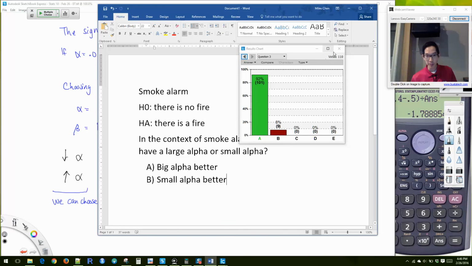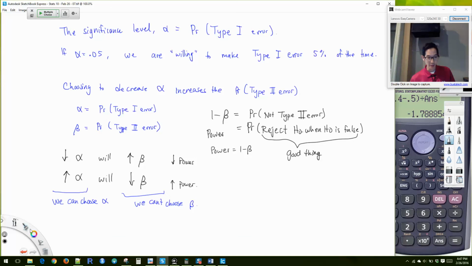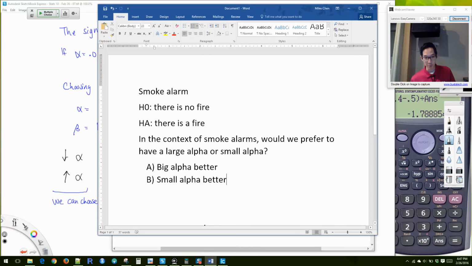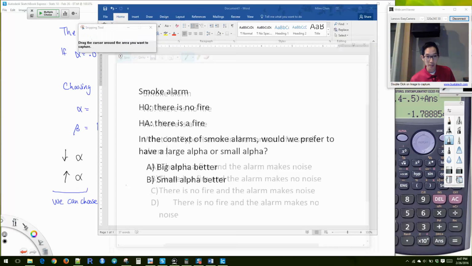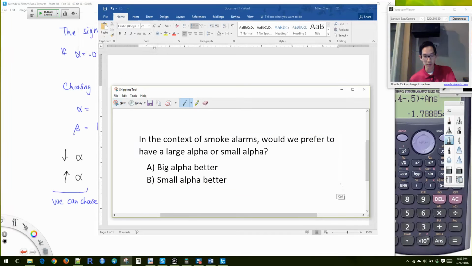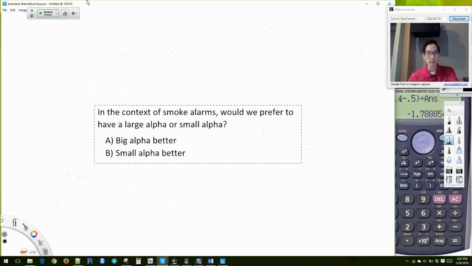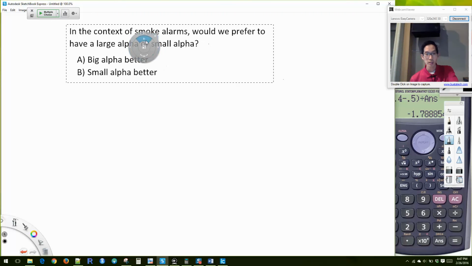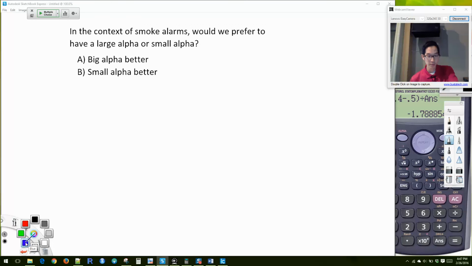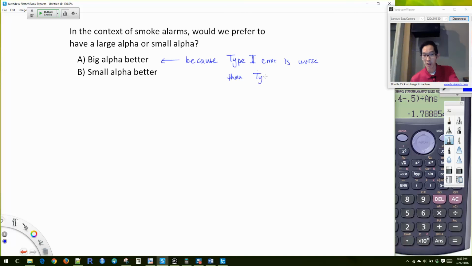Big alpha is better because we have decided that a type 2 error is worse than a type 1 error.